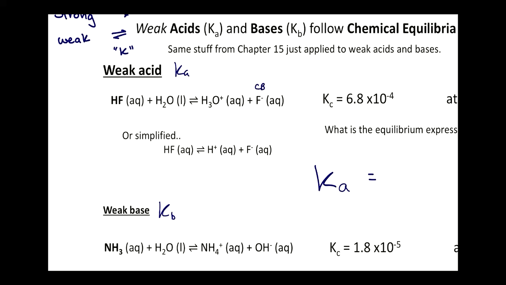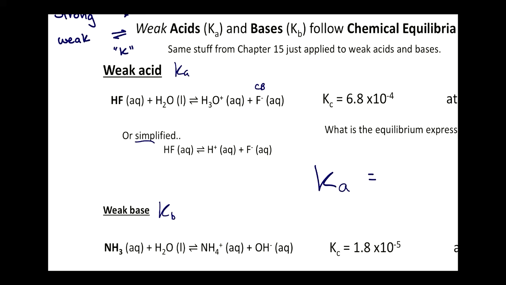But typically, again, chemists are lazy, so we don't want to write that water molecule in there. So oftentimes we'll simplify this expression to just HF dissociates into H+ and F-. But remember, H+ doesn't exist. It's always attached to a water molecule. Both of these expressions are exactly the same. It's just one is missing a water molecule.